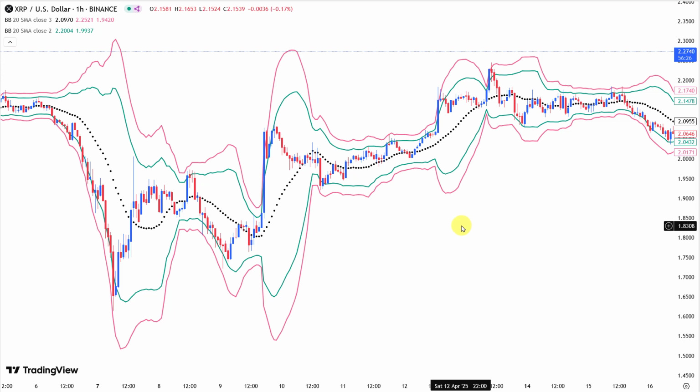So I will have multiple time frames up. And generally what I want to see is on some interval that is a multiple of 1 hour. It could be 1, 2, 3, 4, somewhere in there between 1 and 4 hours. I want to see the price come down and retest these bands, generally the green band.